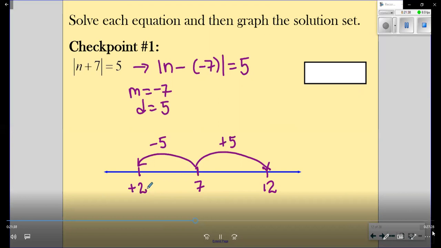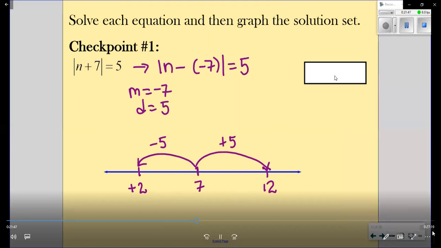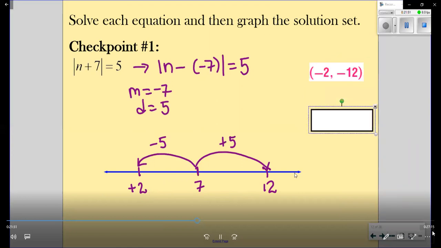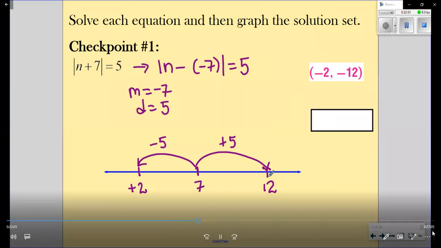Oh, you know what? I goofed. It's supposed to be negative 7. I messed up. Sorry about that. I just had the positive 7. I should have realized that. So that was right the first time.